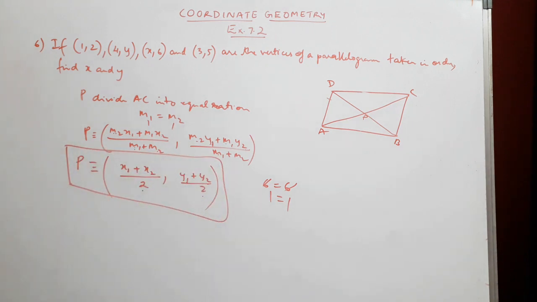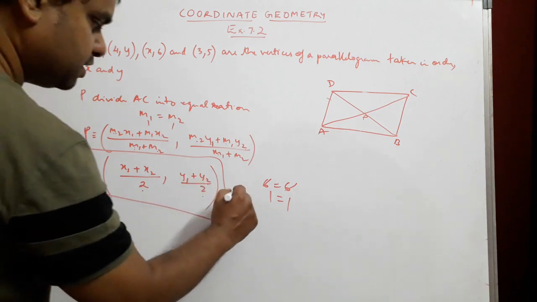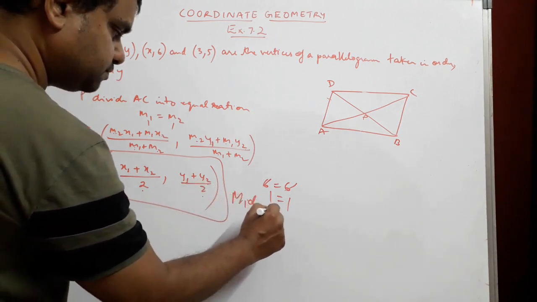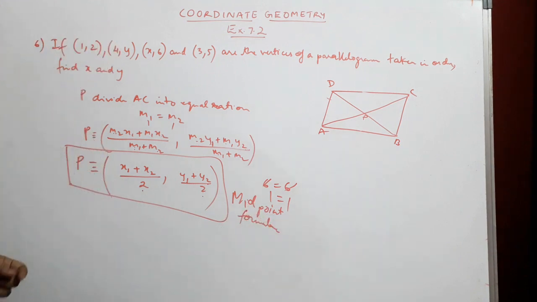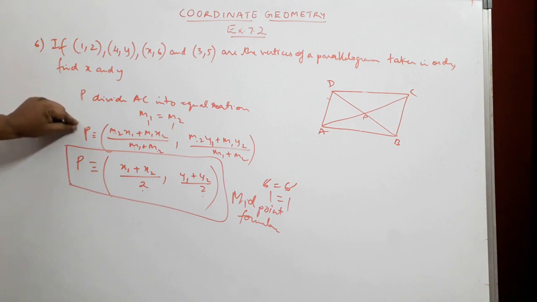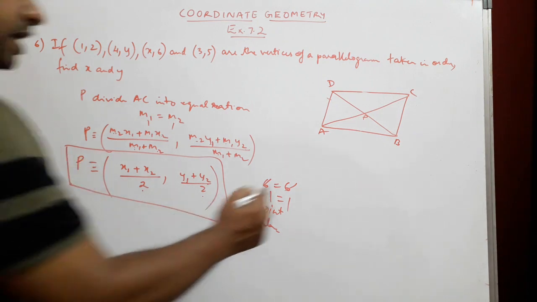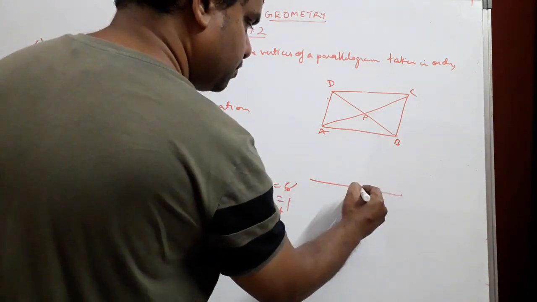Why is this the midpoint formula? Because this is applicable only where the point we are discussing divides the line segment into equal parts, only a midpoint.